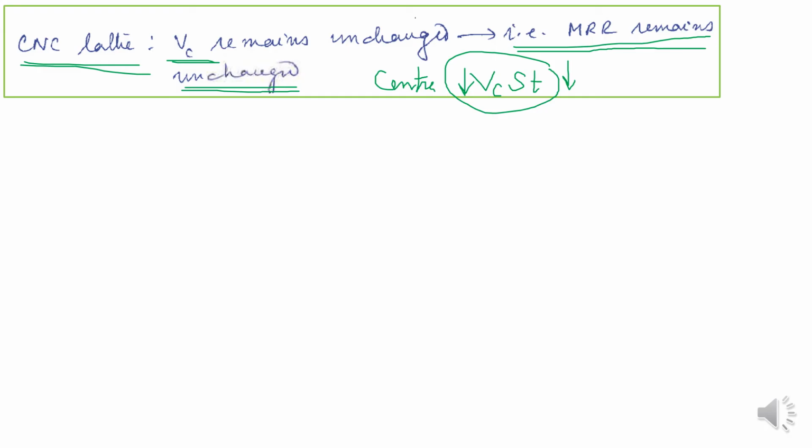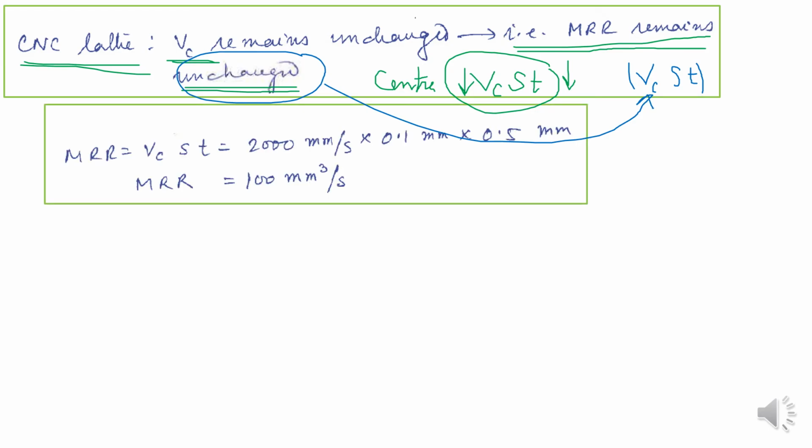In this particular case, Vc is remaining unchanged. So, material removal rate Vc S into t is also remaining unchanged in case of CNC center lathe.